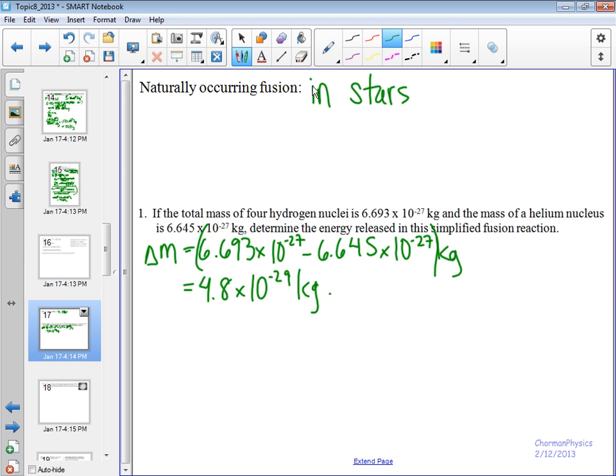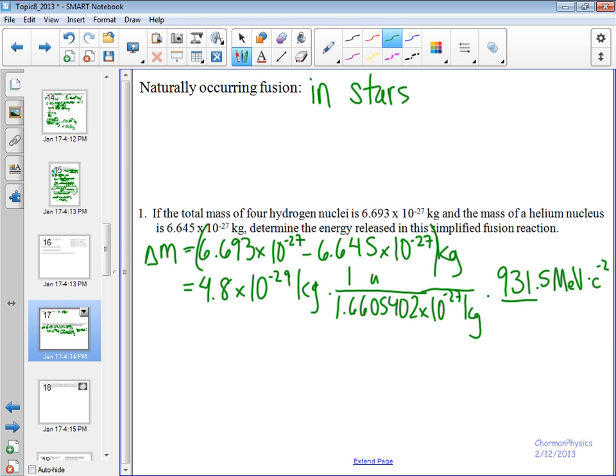We want to convert this into unified atomic mass units, and then eventually we're going to convert to MeV per c squared. So when we do this, this is our conversion, a really long, obnoxious number. Then we can convert this again to MeV per c squared from unified atomic mass units, and there are all of our conversions.